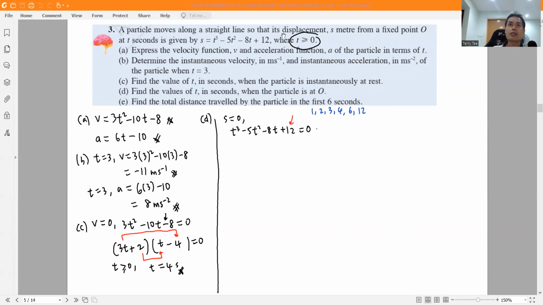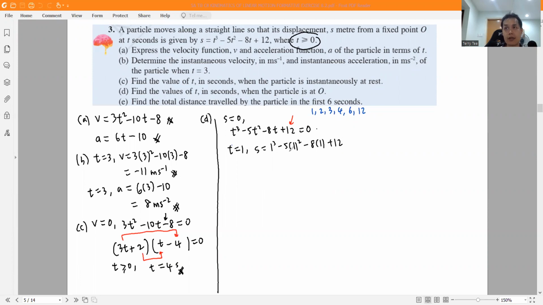Yes. That means if I sub 1 inside, this is your displacement function. When t is 1, your s equals 1 cubed minus 5 times 1 squared minus 8 times 1 plus 12.